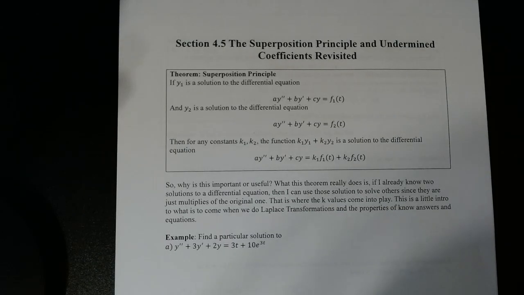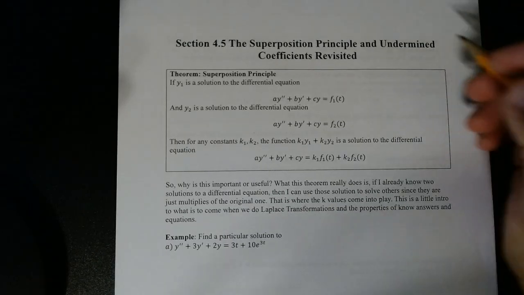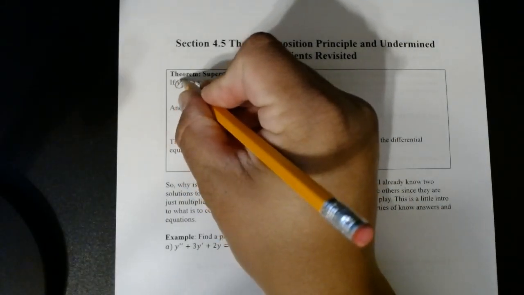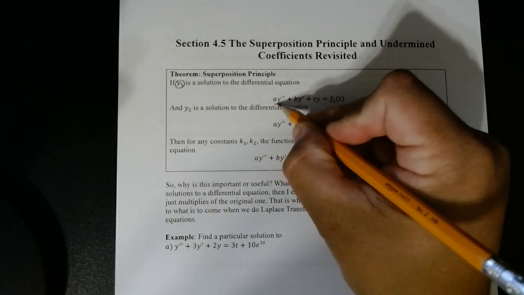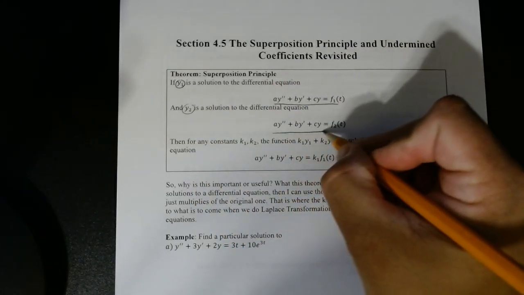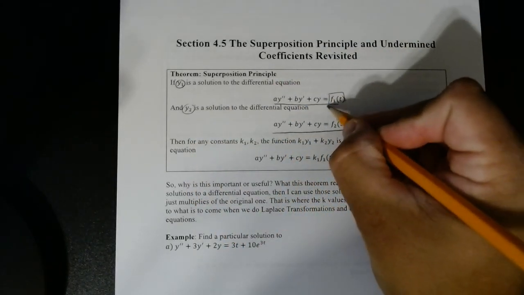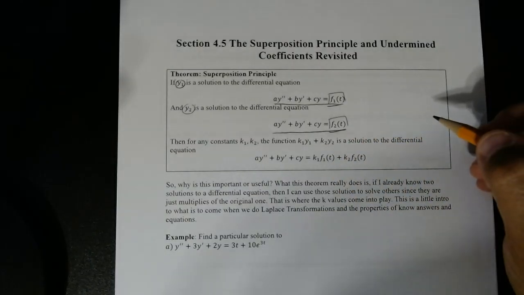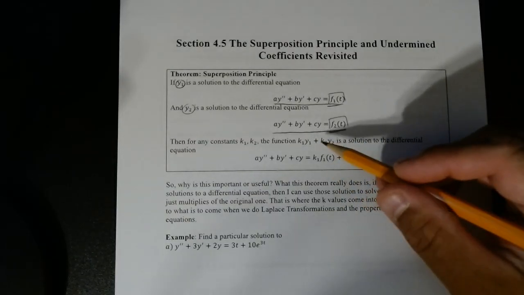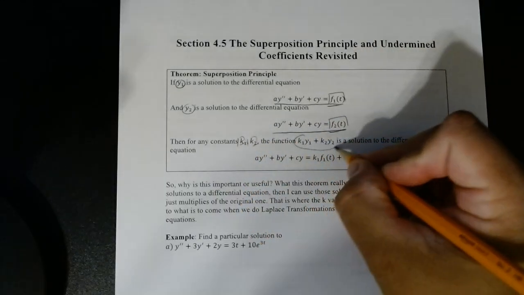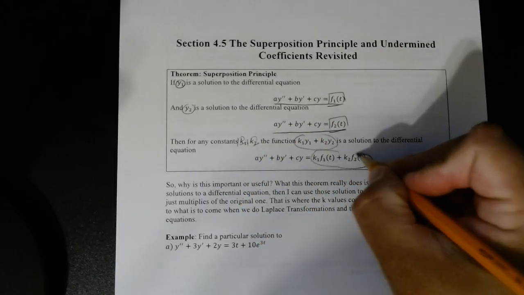So, what is a superposition? The superposition principle basically says if I have two solutions, one for this situation and another y2 for this situation where it's the exact same, however, these functions are different. Therefore, the addition or subtraction with some constants in the front is a solution to this entire process.